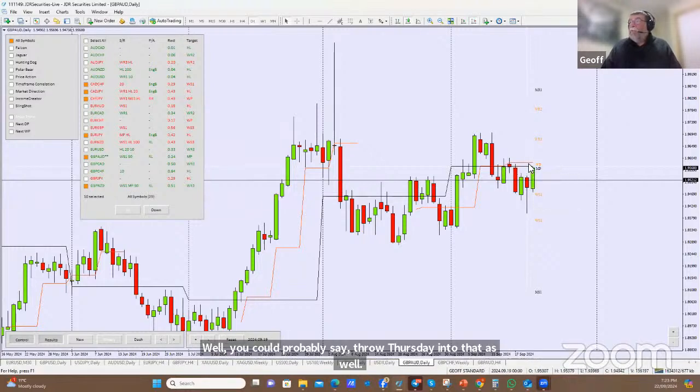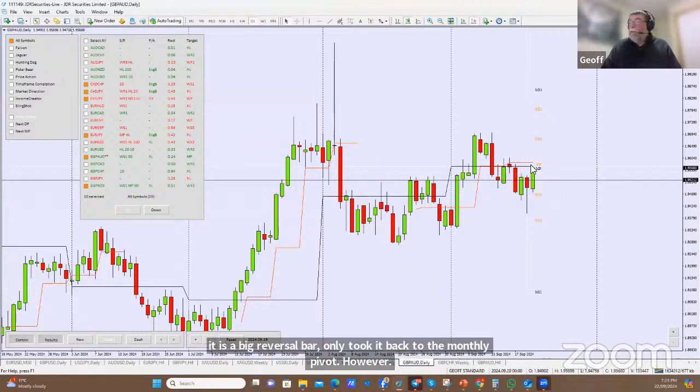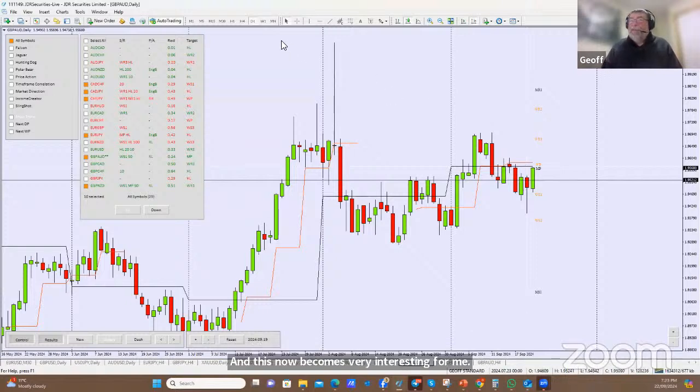Only took it back to the monthly pivot, however, and this now becomes very interesting for me as to what direction this will take. I hesitate to even speculate on that before the RBA does have their meeting on Tuesday, but I'm kind of in the camp of don't want to trade this at all, because I've got a pound that's strong, I've got an Aussie that's potentially strong, but RBA dependent.